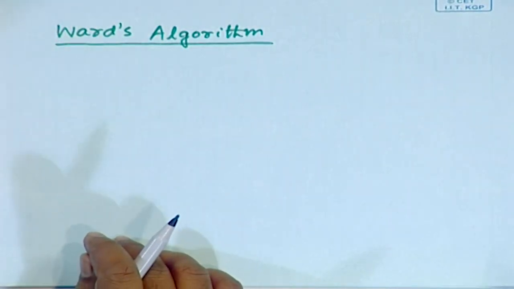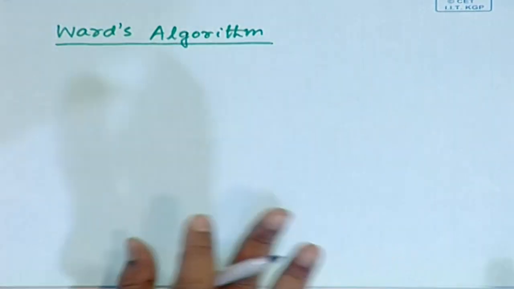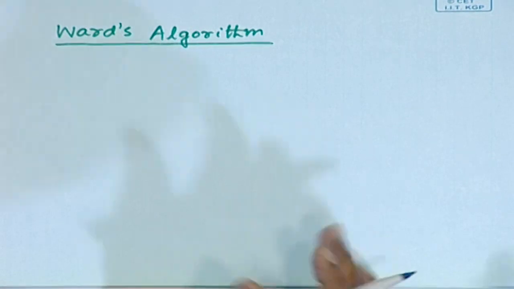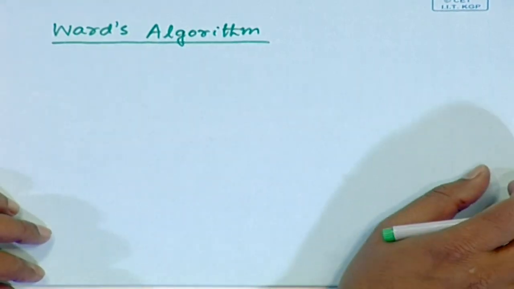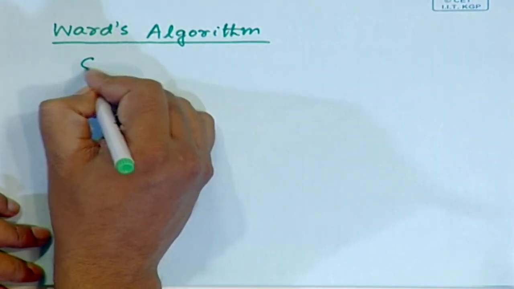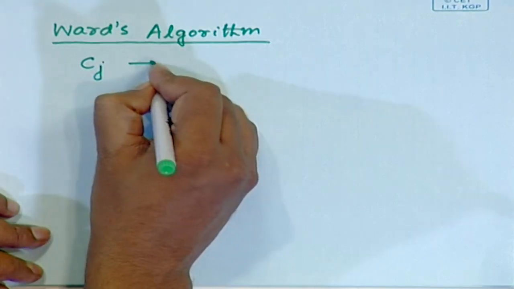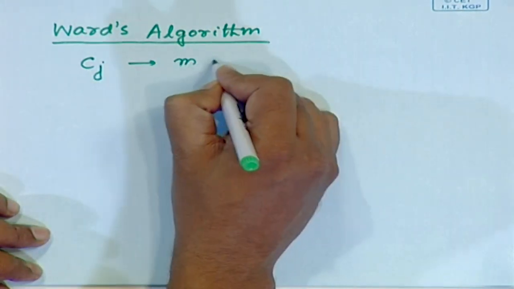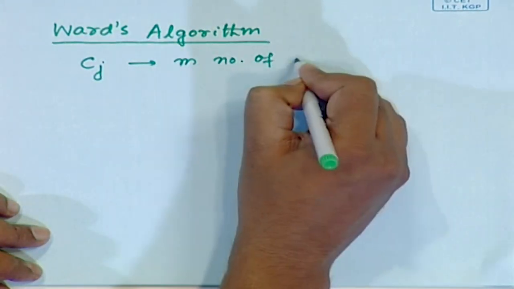Okay. So, Ward's algorithm forms the clusters where the variance within the cluster is minimum. Suppose we have a cluster C j with say m number of feature vectors.